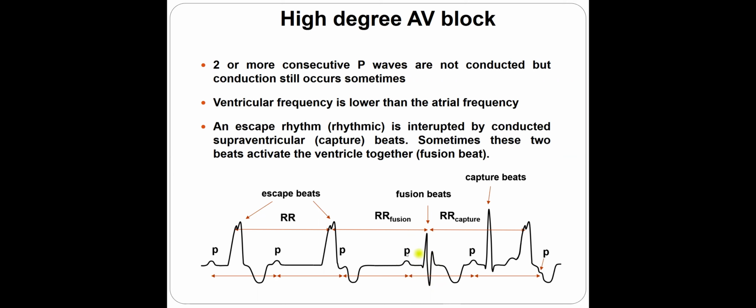How do we know? Because the QRS complex is between these two. It has a bizarre shape, but it's not the same as a ventricular QRS complex. Another very important point: it will come at the time of a ventricular escape beat. Understood?